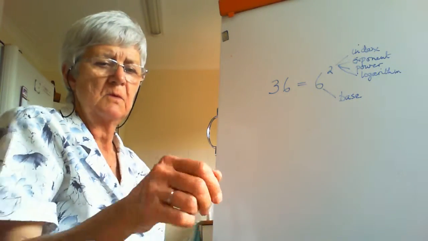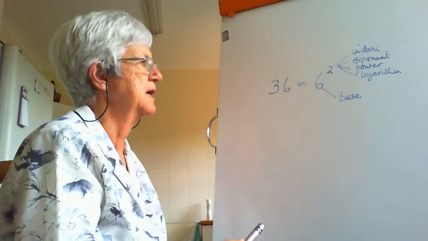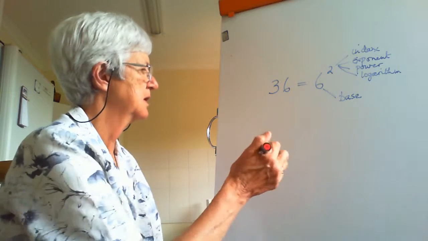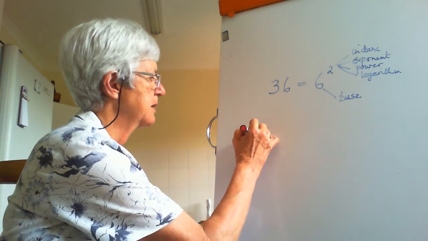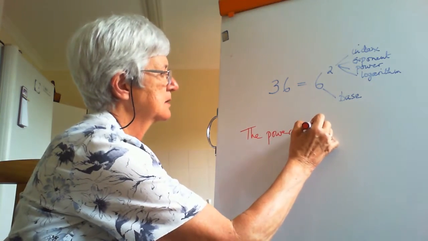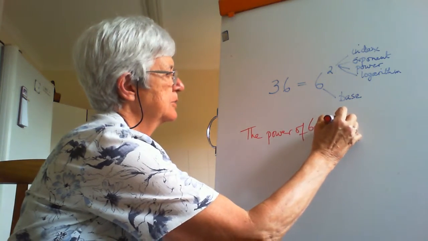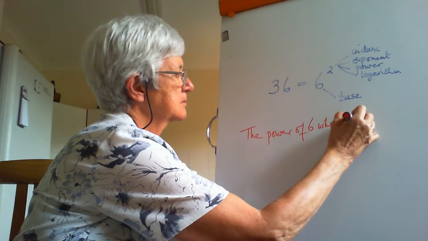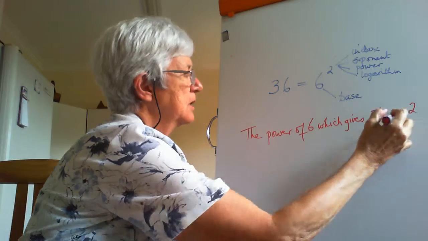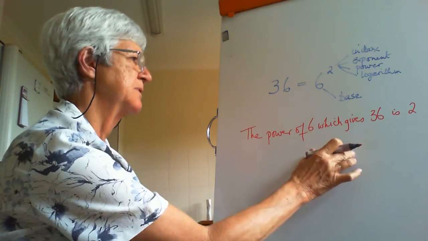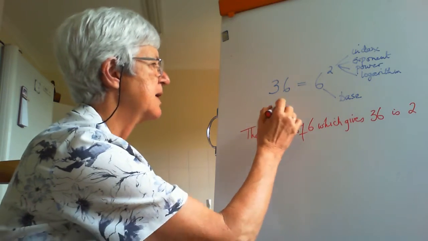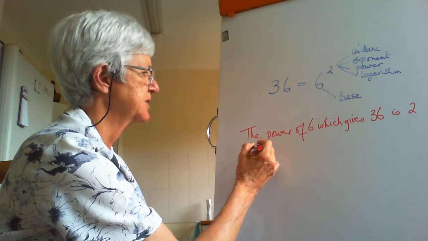Now, this statement can be read in any language, but I'm going to put it into a different form in words. I'm going to write it like this: the power of 6, which gives 36, is 2. And then I'm going to break this statement down into little bits and rewrite it in a mathematical notation.